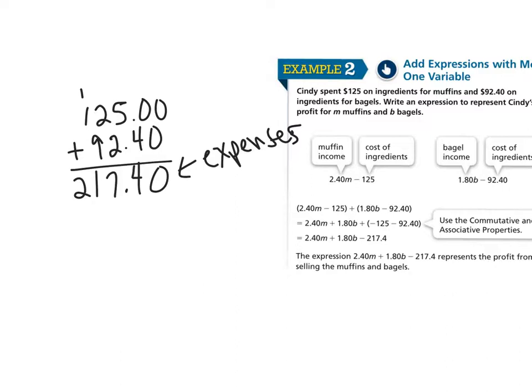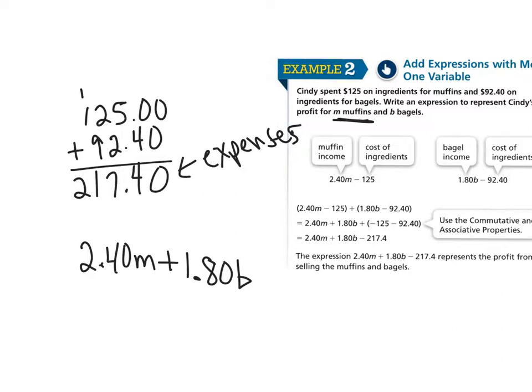And then we could look at what our income was. Well, if you notice the muffins, they're selling for $2.40 each, and it says they sold M muffins. So you do $2.40 times M. The bagels, they're selling for $1.80 each, and we sold B bagels, so we could do $1.80 times B, however many bagels that is.